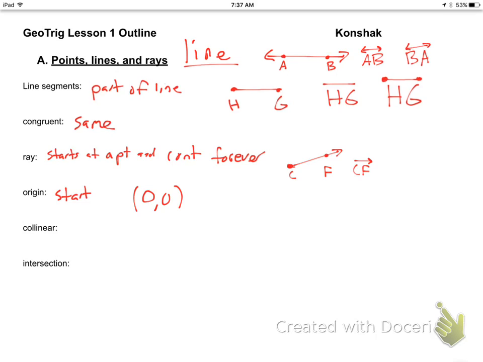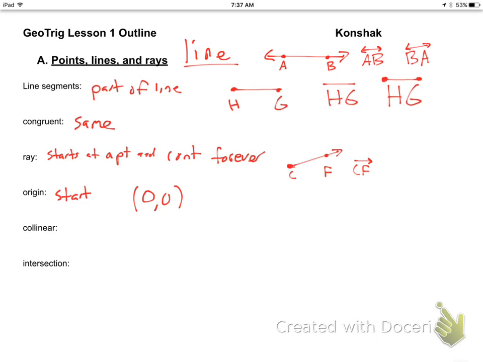What's collinear mean? Maybe it might be easier to think of it the same as, what if I was co-teaching this class with someone? What does that mean? What does it mean to co-teach? Two teachers teaching together, right?